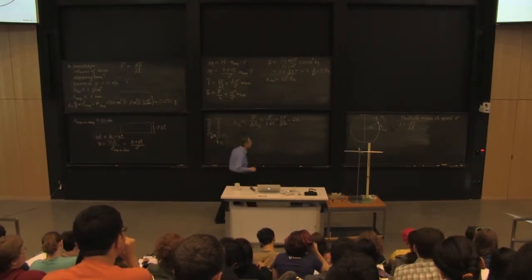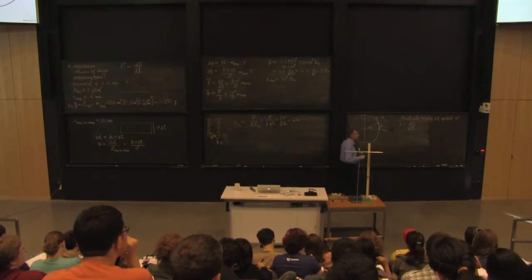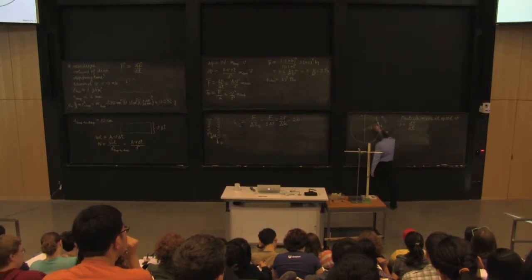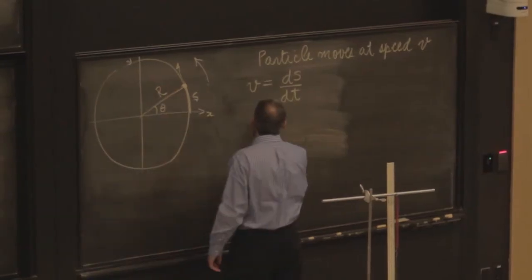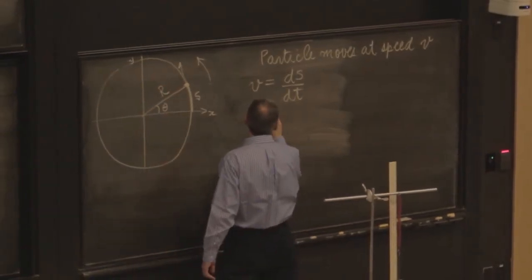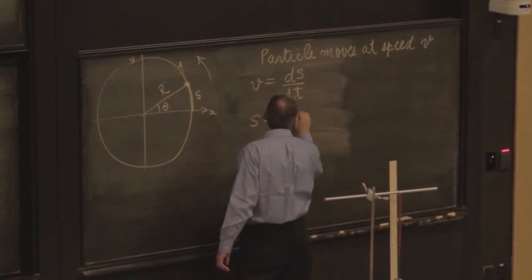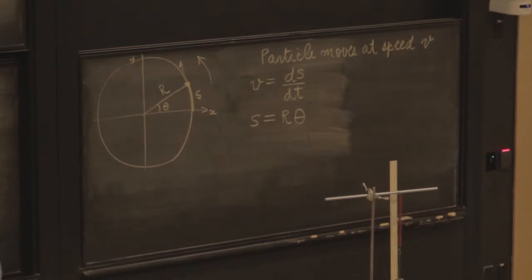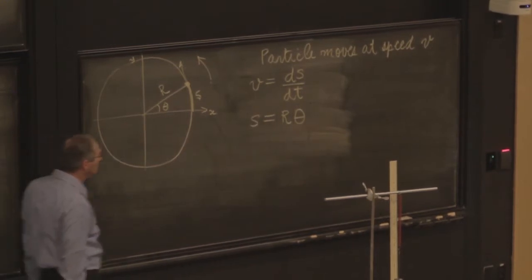How do I express the arc length in terms of the angle theta? Okay, so if this is radius r, then arc length s is equal to r times theta if I use radians for angle, and we will.